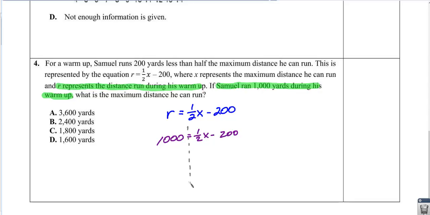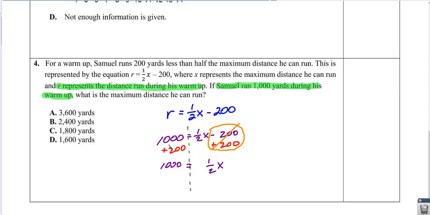We are trying to get x by itself. So the first thing we're going to do is cancel out the 200. Subtracting 200, adding 200, those cancel out. We have to add that same 200 on this side. Now we have 1,000 is equal to 1/2 x.